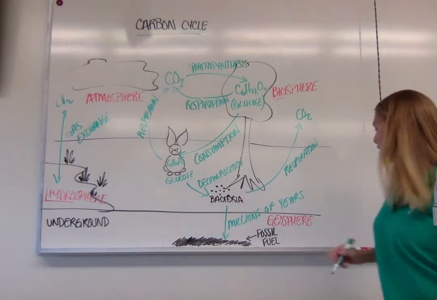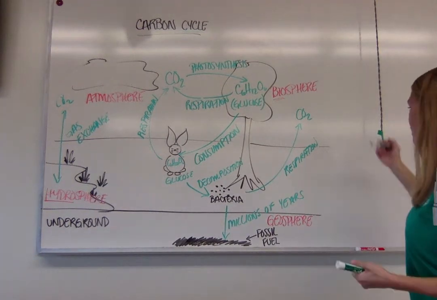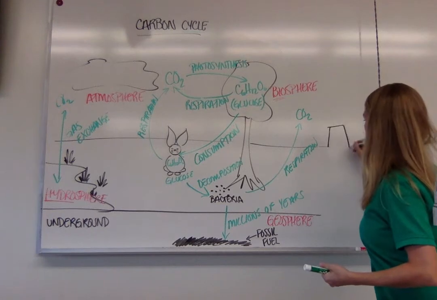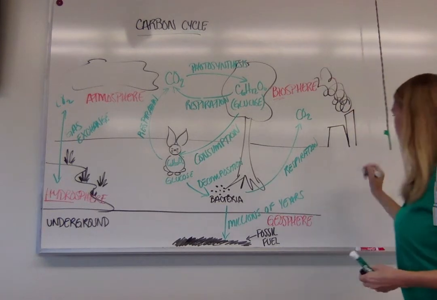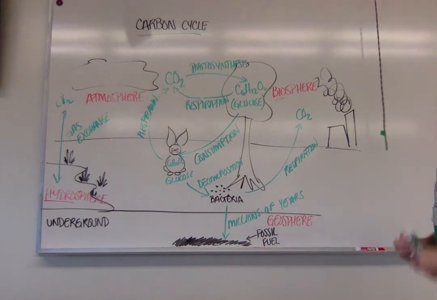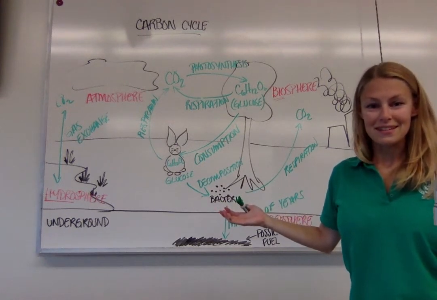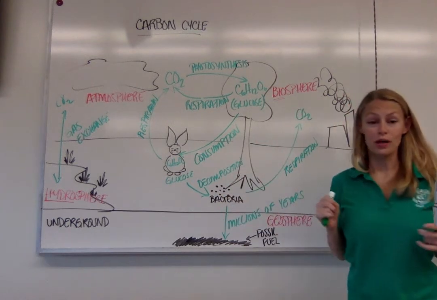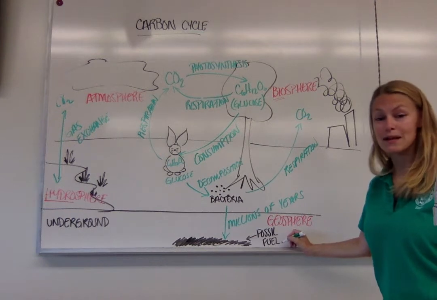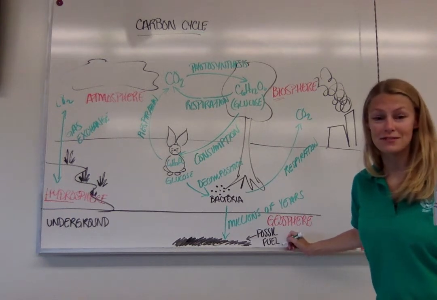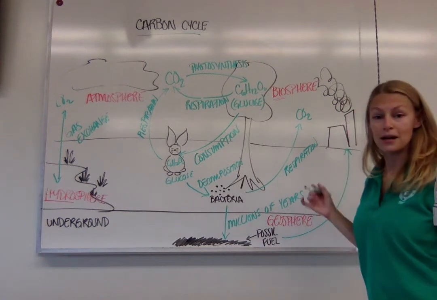Right. Now let's get our humans in here. Let's say we have a factory, right? Humans came in, built this factory up. Now, what do factories need? They're producing some energy for us. They're taking this fossil fuel that's been buried underground for millions of years, and they're drilling or mining, depending on the process.